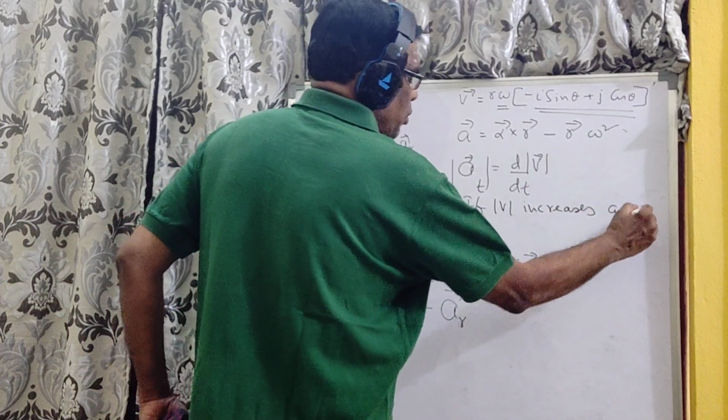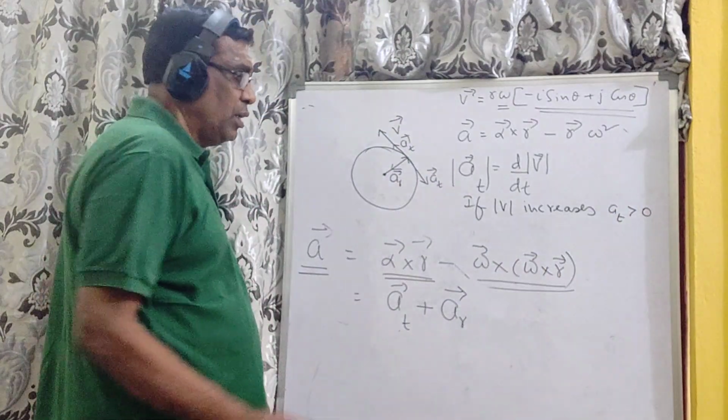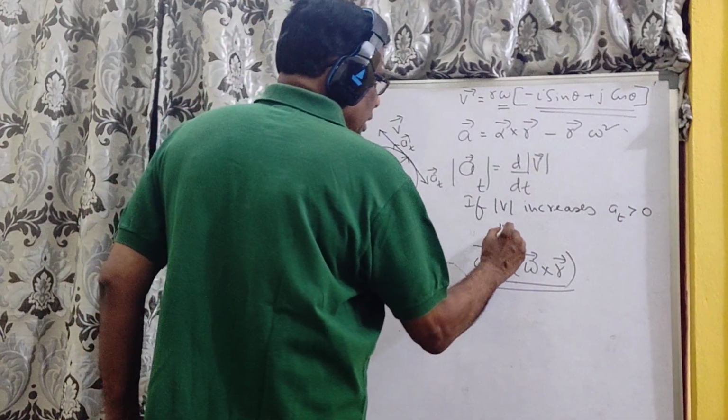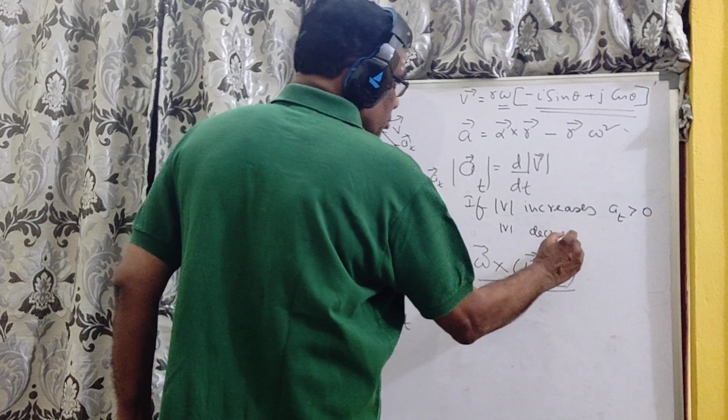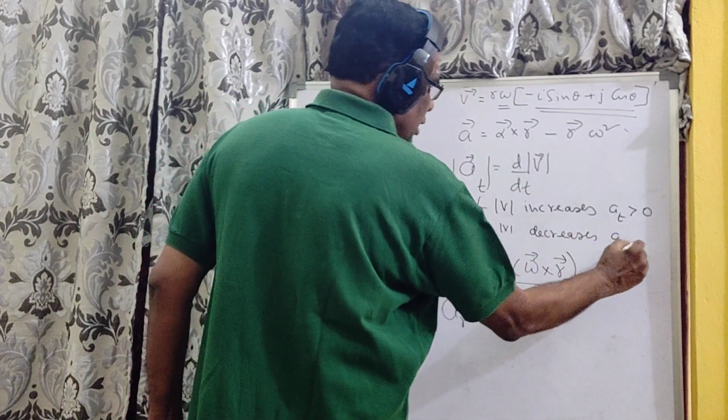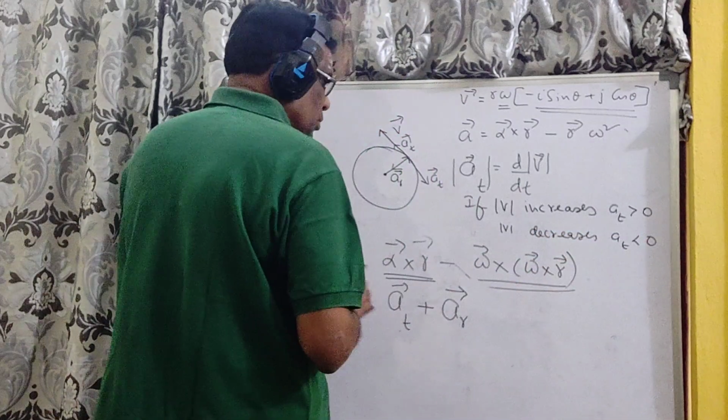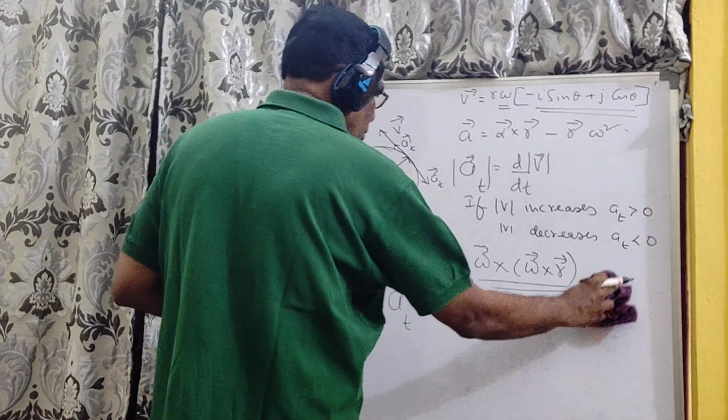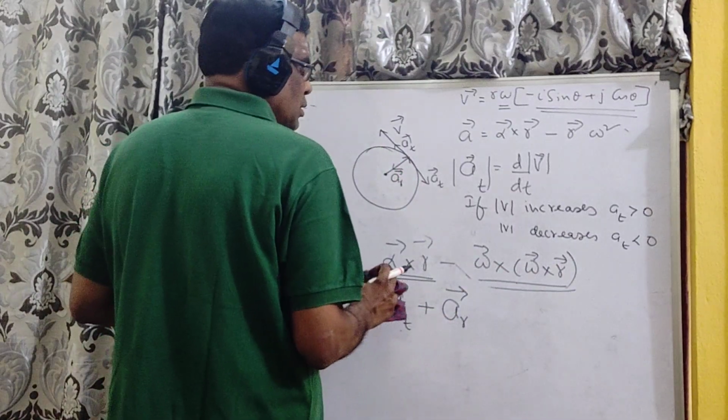AT is positive. If mod v decreases, AT is negative. Okay?